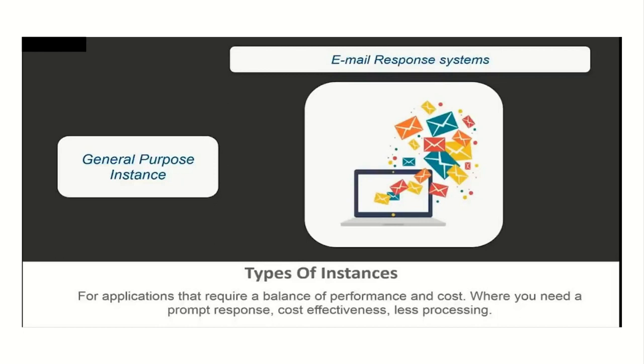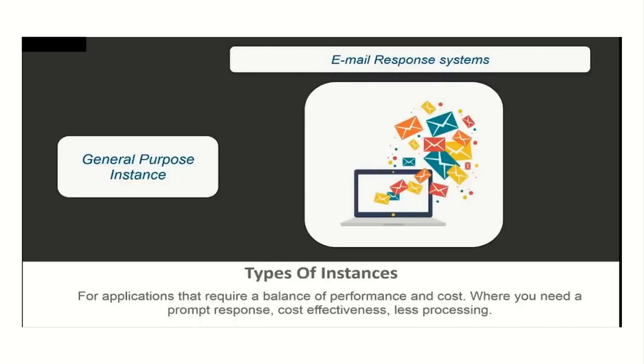The first one is general purpose instance. It is basically suited for applications that require a balanced performance and cost. That means places where you require a quick response, but it is still cost efficient. For example, the example shown here is an email response system.